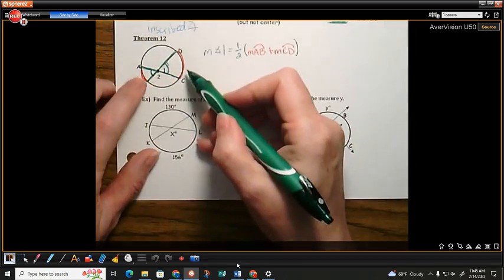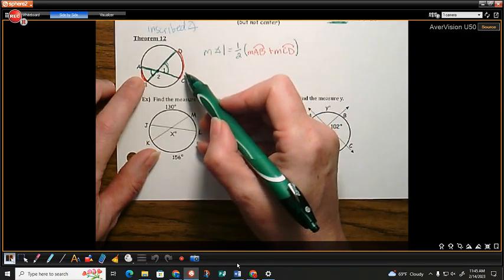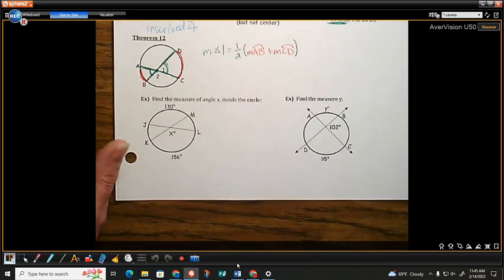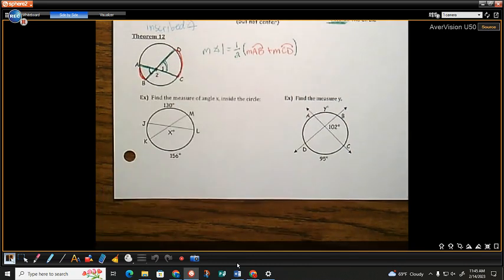If I average these two arcs, it gives me the measure of one of these angles inside. And of course, if you know one of them, its vertical angle is exactly the same. Magic!